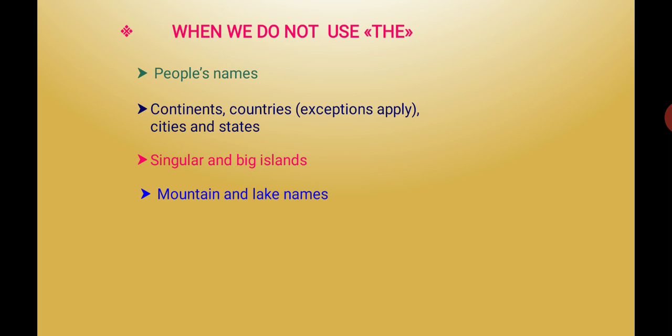We cannot use the before the names of lakes, and this is only about a single mountain, not a mountain range or mountain chain. If we are talking about the whole mountain range or mountain chain, then we write the as the article. But in case we are talking about only one mountain, we cannot use the before the mountain.